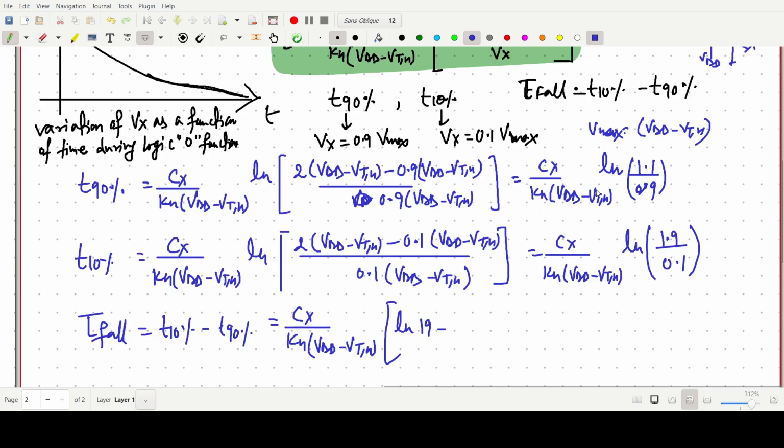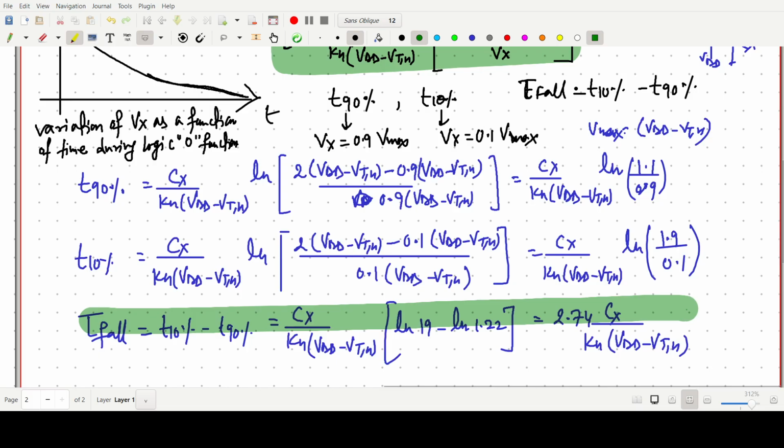If we solve this, it comes to nearly 2.75 Cx by Kn (VDD minus VTN). If every value is given, you can find the fall time. So this is the expression for the fall time.